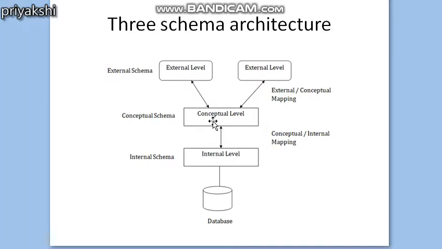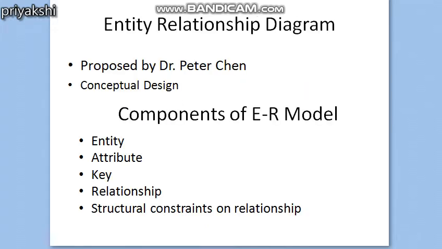This ER model, or ER diagram, allows us to describe the data involved in a real world enterprise in terms of objects and their relationships, and is widely used to develop an initial database design by the database designer.